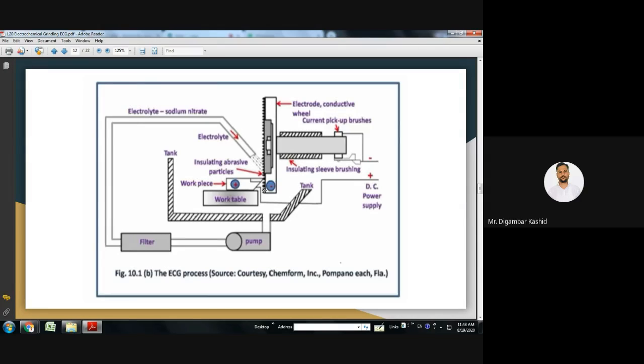Don't forget the three zones. In electrochemical grinding, there will be three machining zones and electrolytic cell formation.